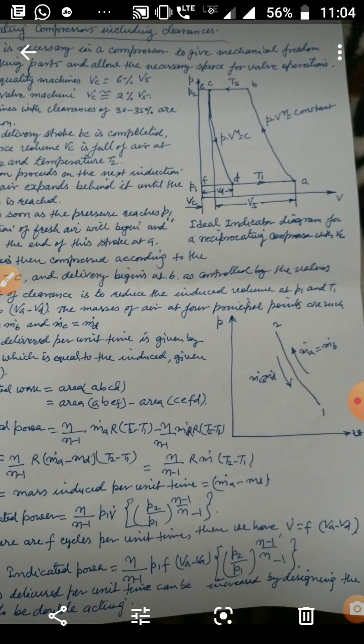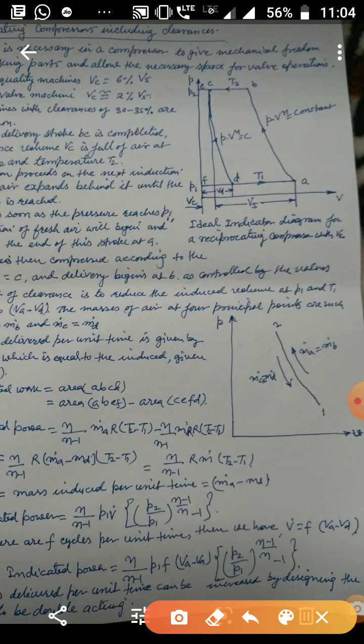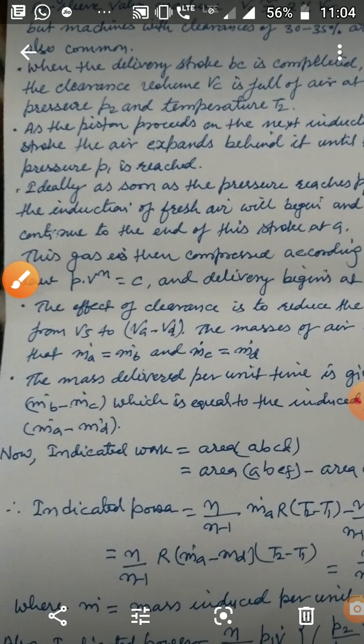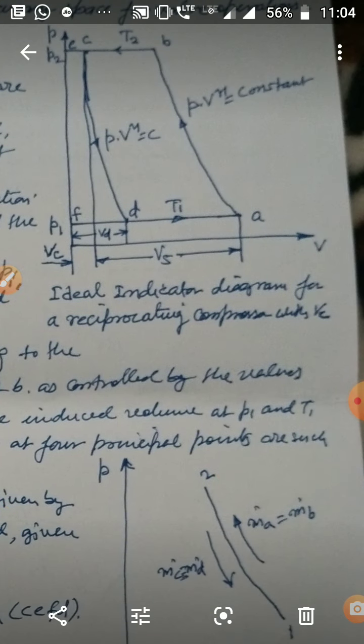You can see from this chart that the air will expand from point C to point D. The pressure of the air will decrease from P2 to P1. And when the pressure reaches P1, the fresh air will enter the cylinder and the induction process will be completed at point A.